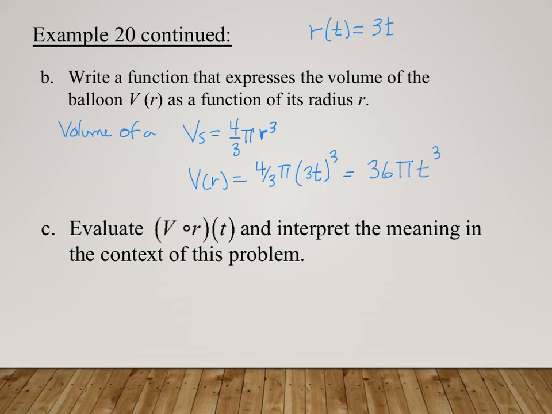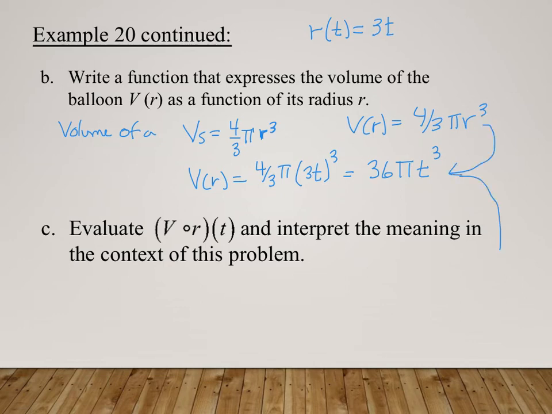So this is the volume of the balloon in relationship to time. Originally v of r is just equal to 4/3 pi r cubed, and then we're going to write it that way.